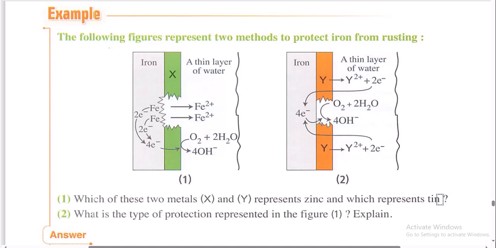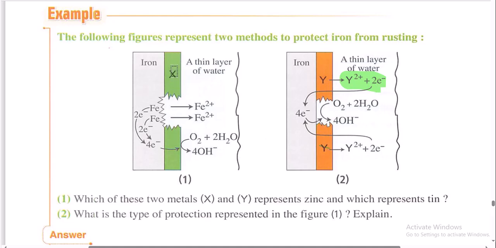We know that zinc is more active than tin, so this Y is zinc. Why? Because on scratching, a local galvanic cell is formed, and zinc is oxidized first and iron is not oxidized, so it is an anodic protection.